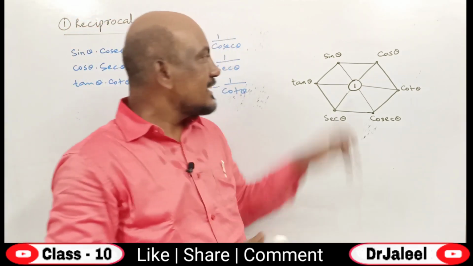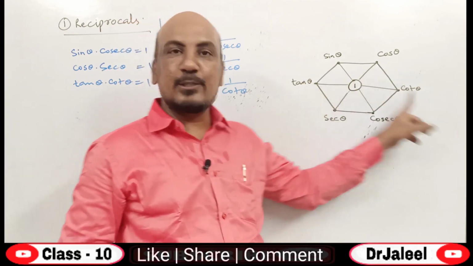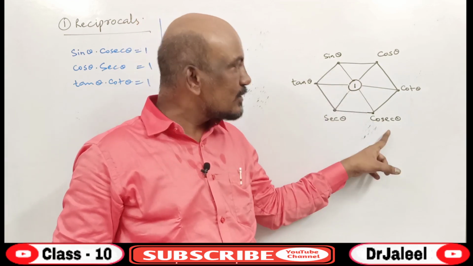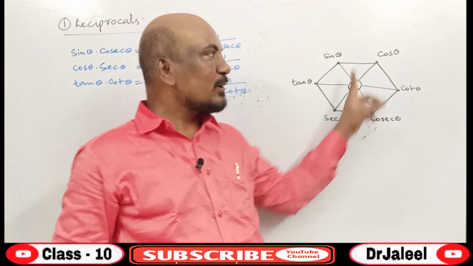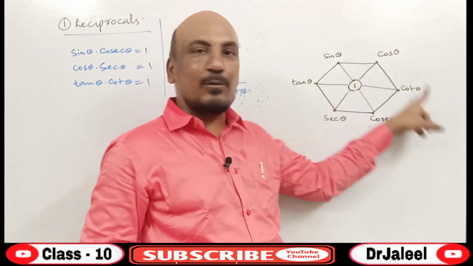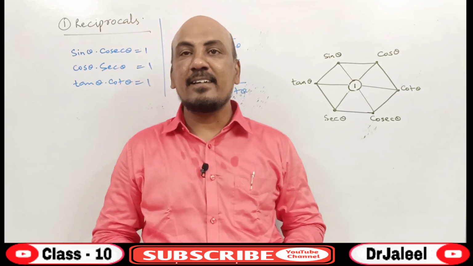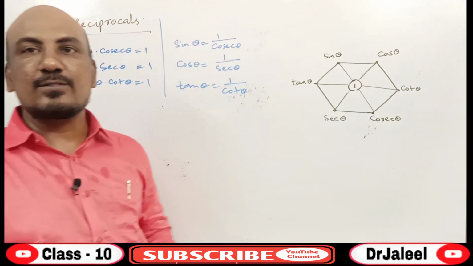So children, you see, sin into cosec is 1, cos into sec is 1, tan into cot is 1. Sin is equal to 1 by cosec, cosec is equal to 1 by sin, cos is equal to 1 by sec, sec is equal to 1 by cos, tan is equal to 1 by cot, cot is equal to 1 by tan. This is how you can understand the reciprocals of trigonometric ratios.